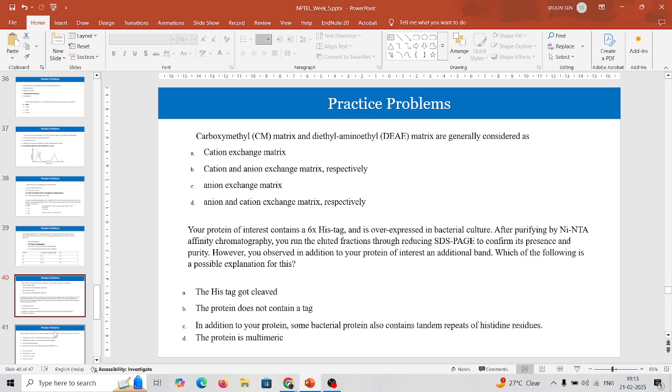Okay. The next one. Carboxymethyl CM matrix and DEAE matrix are generally considered as cation exchange, cation and anion exchange, anion exchange, anion and cation exchange. D. Okay.